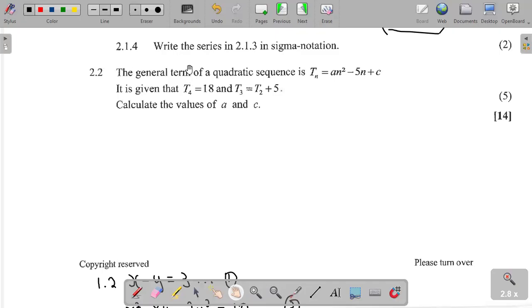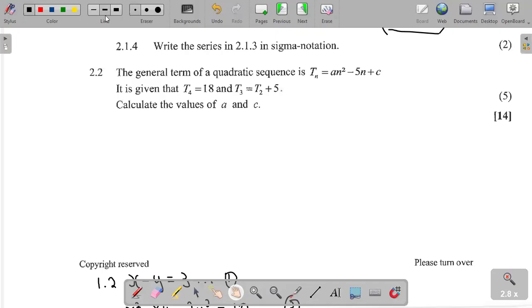So right here we can get T2 and we can also get T4.